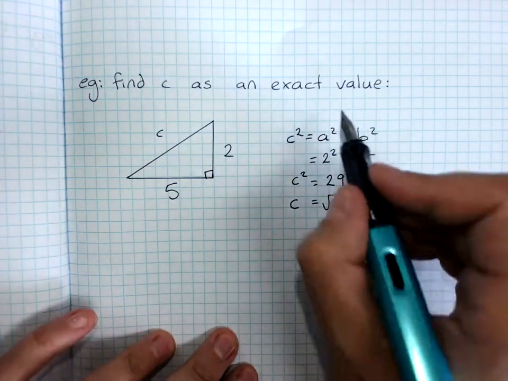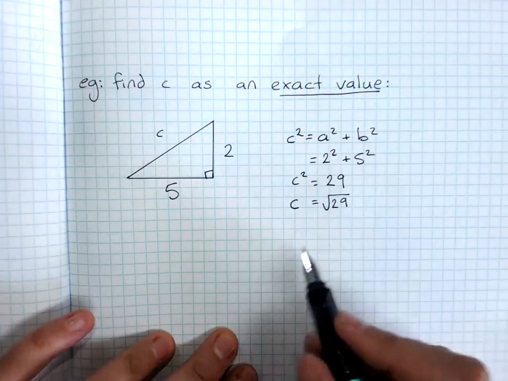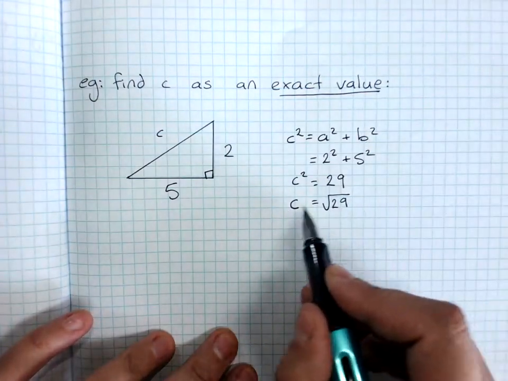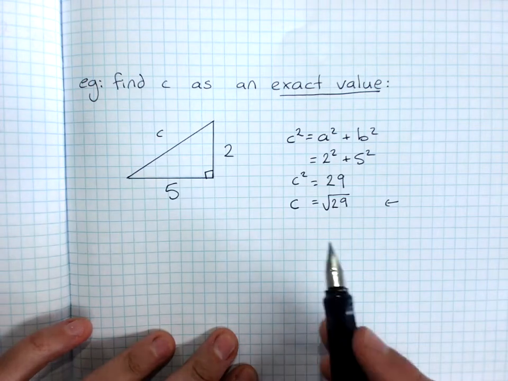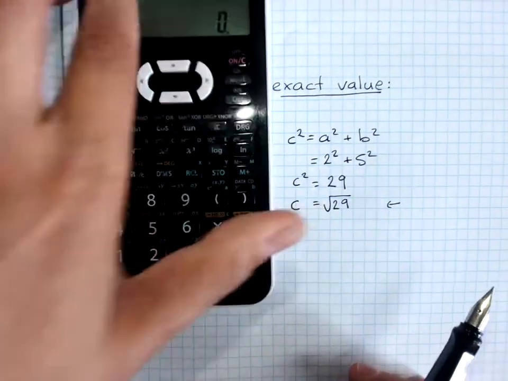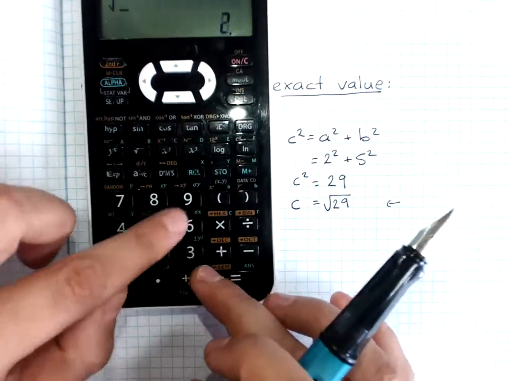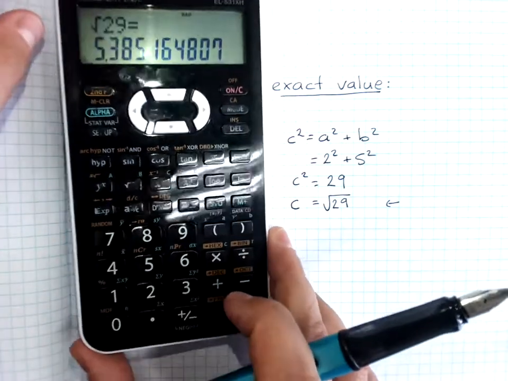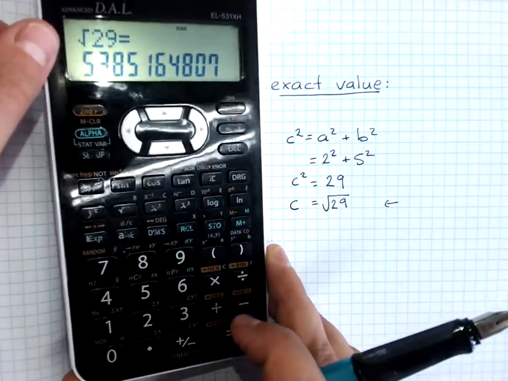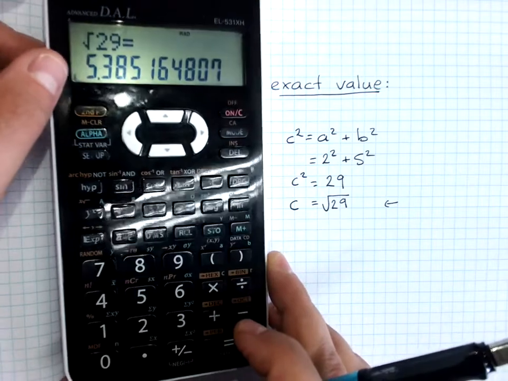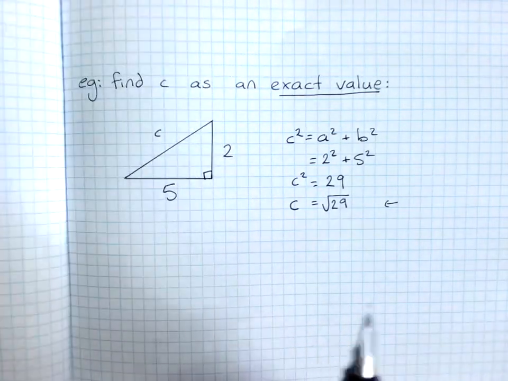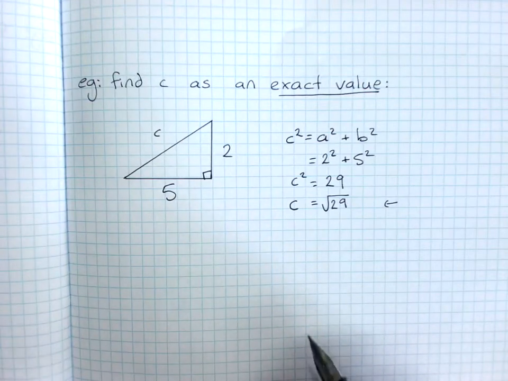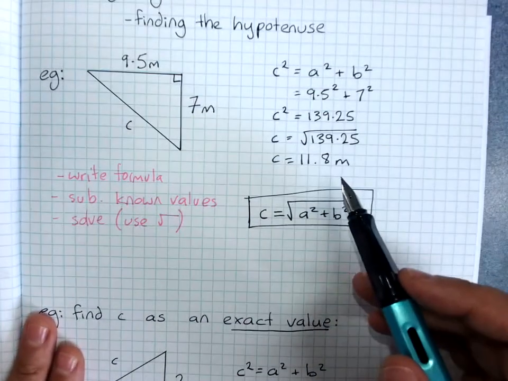And when it asks for an exact value, it's saying stop at this step. Because if I evaluated that, square root of 29, 5.385164, etc., etc., I would have to round to 1 or 2 or 3 decimal places if I evaluated it, and that would lose me accuracy, as I did up here.